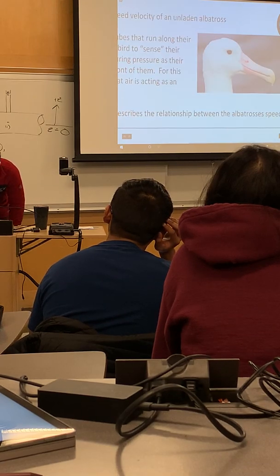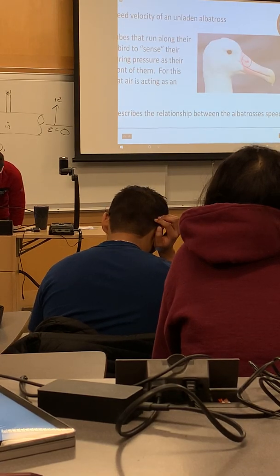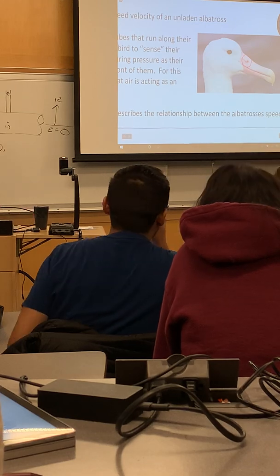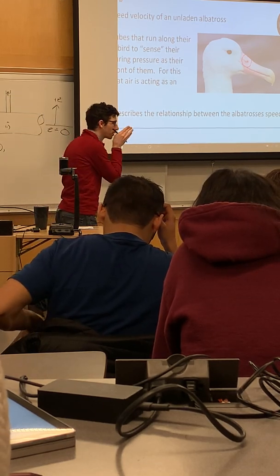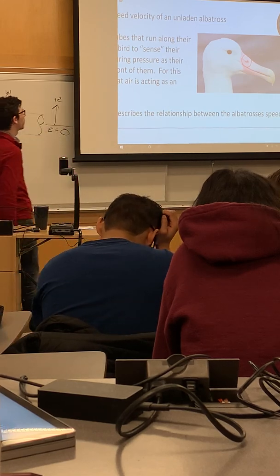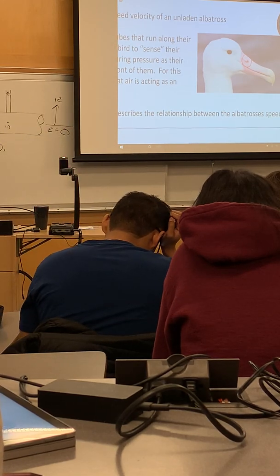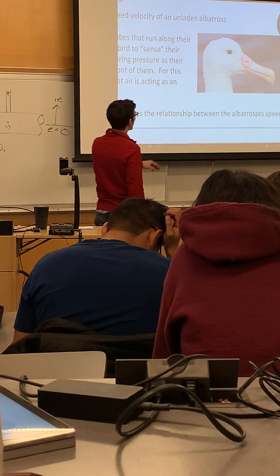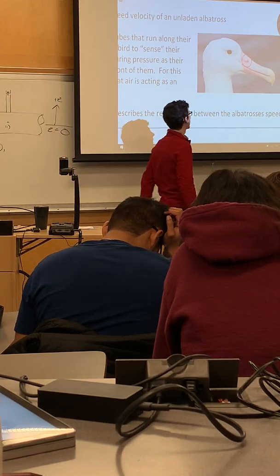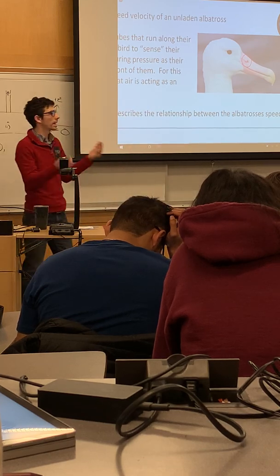Look at this handsome guy, good profile. Right there, they have this kind of odd opening pointed in the direction that their face is pointed, right? And it wasn't until relatively recently that biologists figured out what that's there for. And literally, it's a stagnation tube.